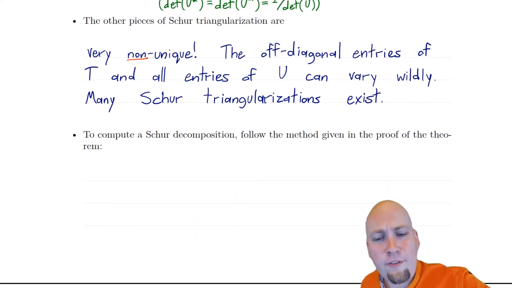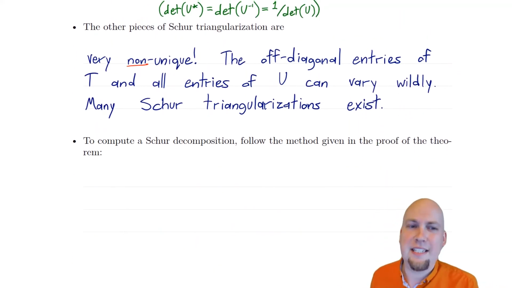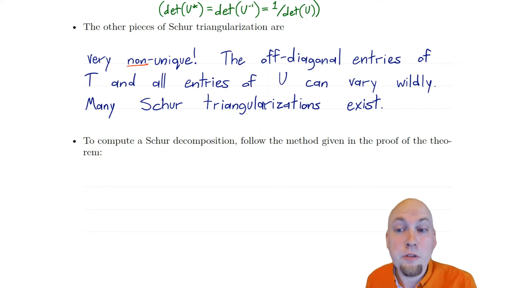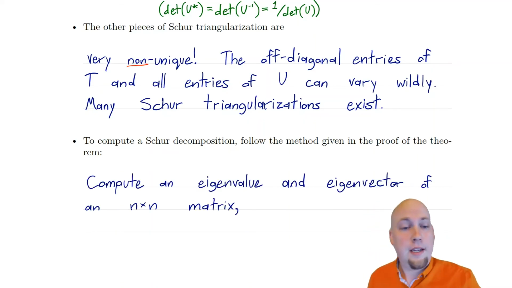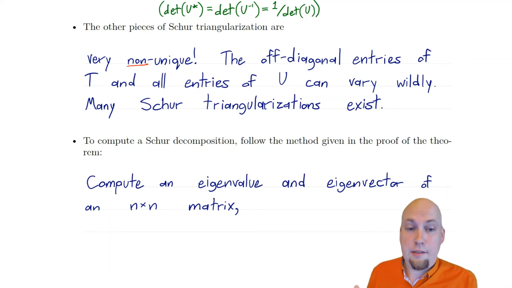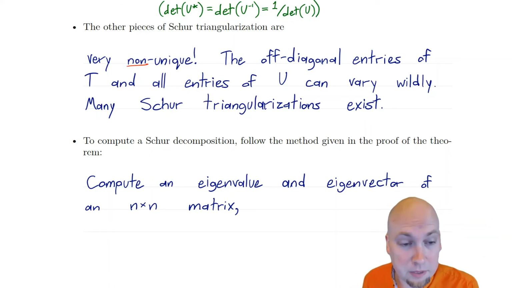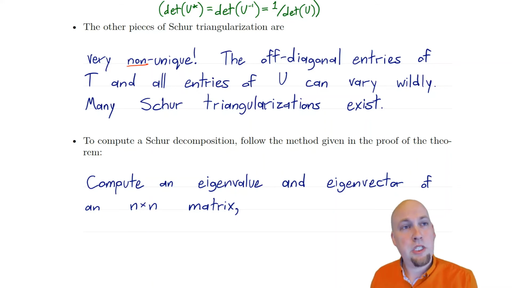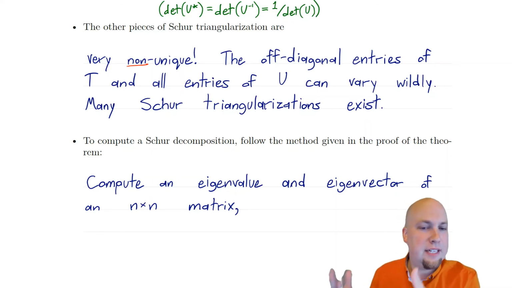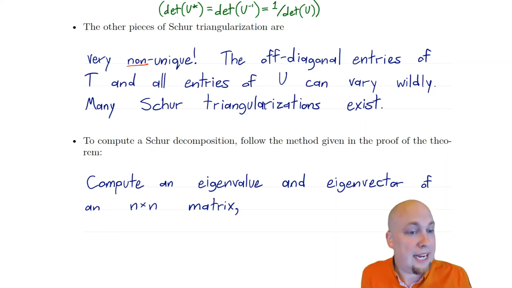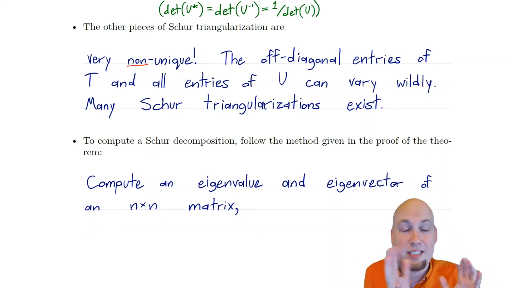The reason for that, to convince ourselves, is to think about how we compute Schur triangularizations. One way to compute them, the way that's hinted at by the proof of the theorem that we just went through, is that you compute an eigenvalue and eigenvector of the n by n matrix that you start with. It doesn't matter which eigenvalue and eigenvector you choose, just some eigenvalue and eigenvector.